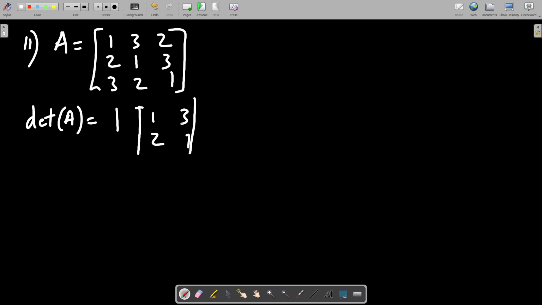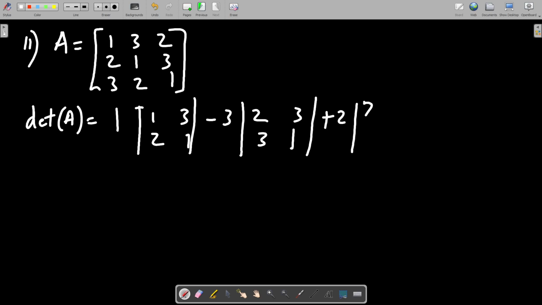Next element comes with a minus sign, minus 3 times 2 into 1, 3 into 3, so 2 1 3 3. Okay, so next will be plus 2, this will become 2 1 3 2.